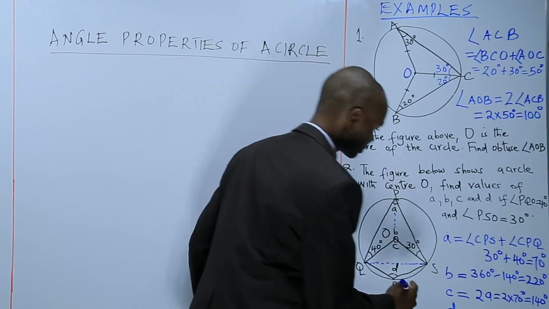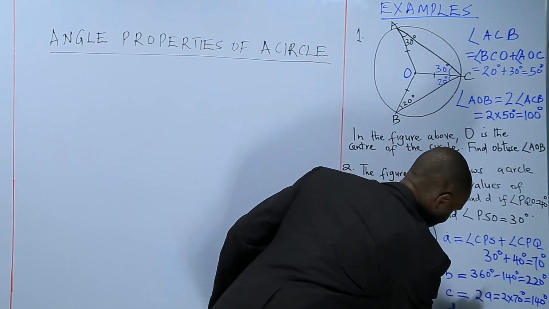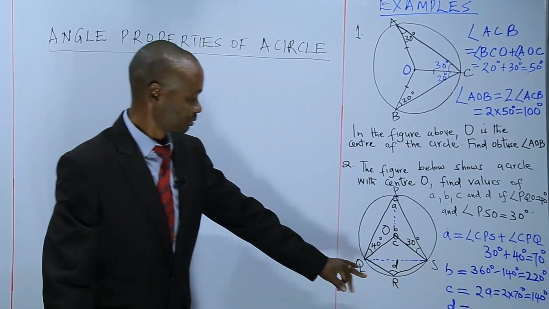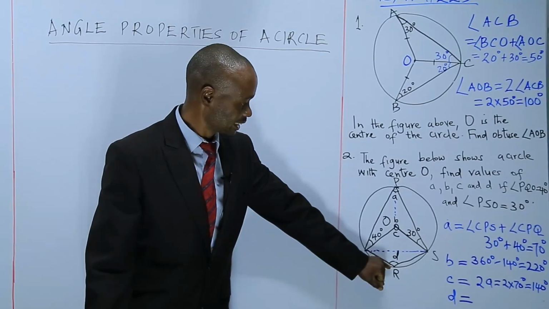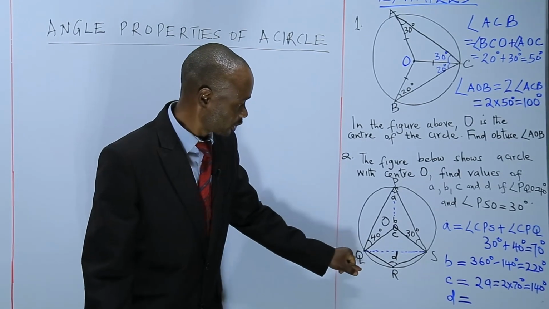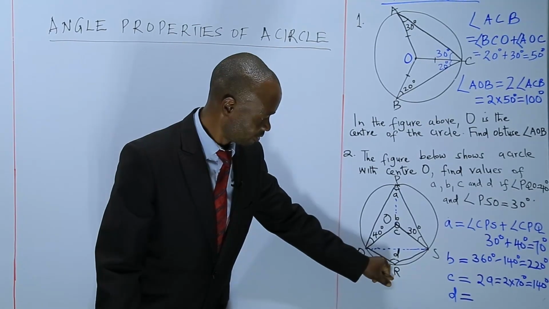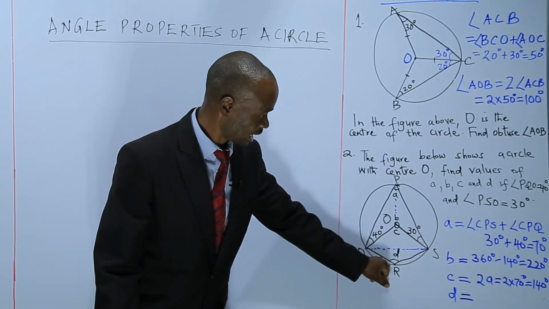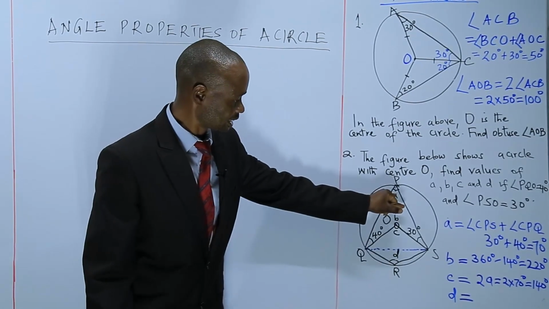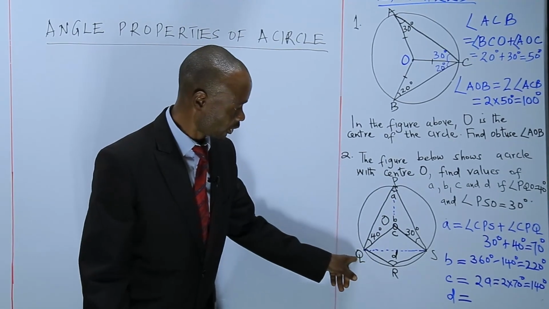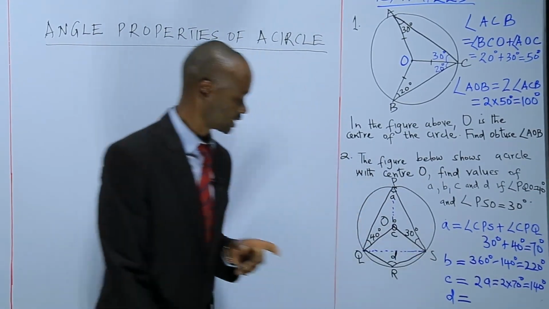So it shows that to get D, D is subtended by which chord? QS in the minor segment, and A is that angle subtended by the chord QS in the major segment.